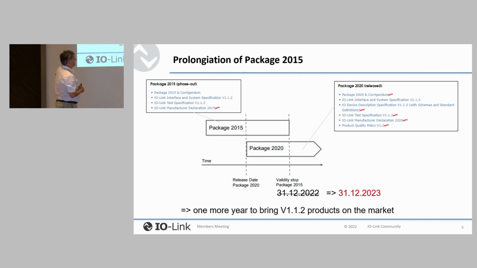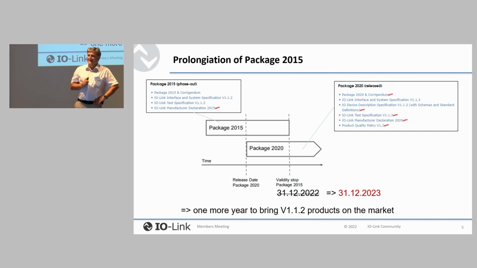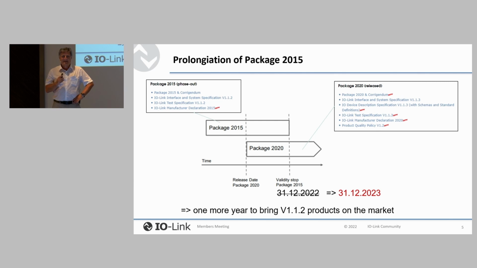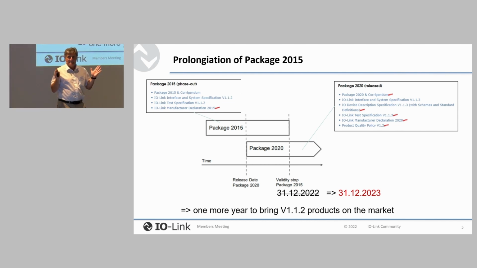Okay. Then one of the big news for implementers. This is really brand new because the decision was taken yesterday. I mentioned that the package 2015, which was stable for 7 years, has a phase-out phase until the end of this year, which means after that time, vendors are not allowed to bring new products related to this old specification into the market.